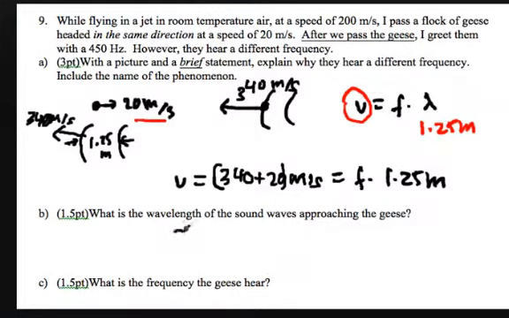So that is 360 meters per second divided by 1.25, which is the same thing as 5 over 4. I'm just going to write it this way: 360 divided by 5 over 4, I'm going to move the 4 up there, equals the frequency.